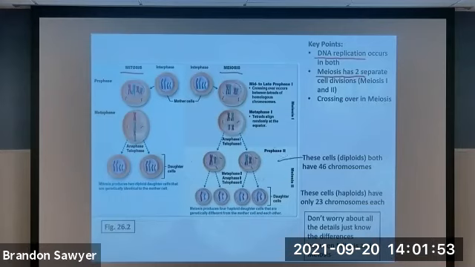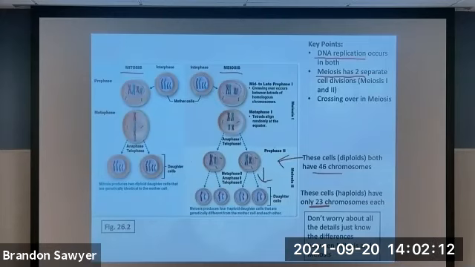These cells here have all 46 chromosomes, but after the second cell division, meiosis 2, another DNA replication didn't happen, so we're down to 23 chromosomes in each. Those are the big differences as far as this image goes that I want you to know.